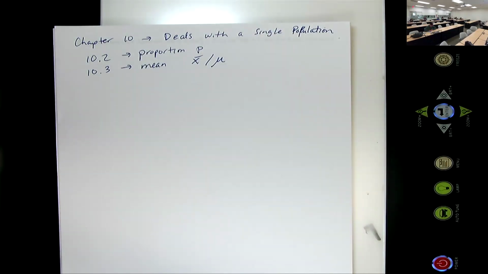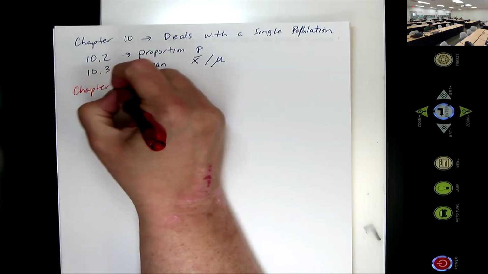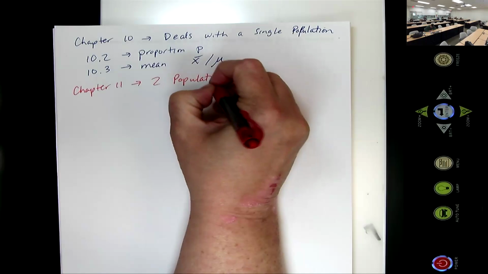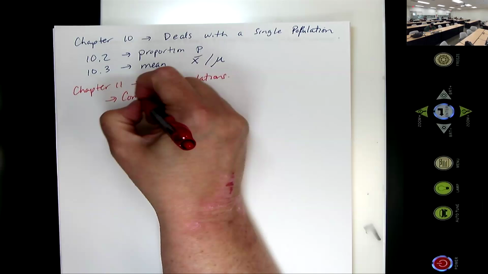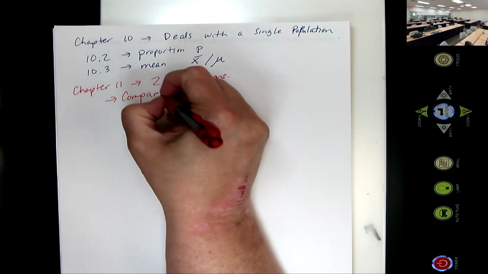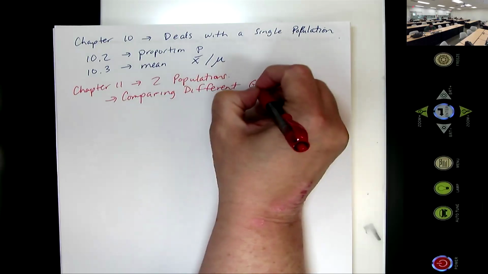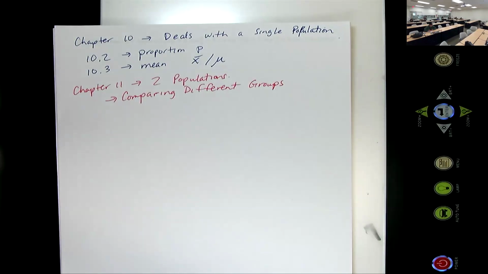Then chapter 11 is on 2 samples, or 2 populations. This is when you're comparing different groups. So like, do more guys than girls watch baseball?